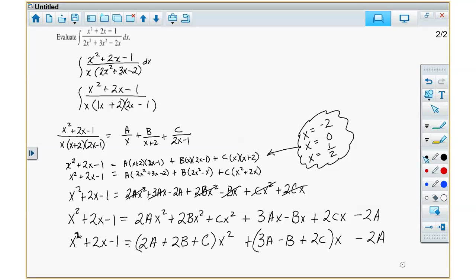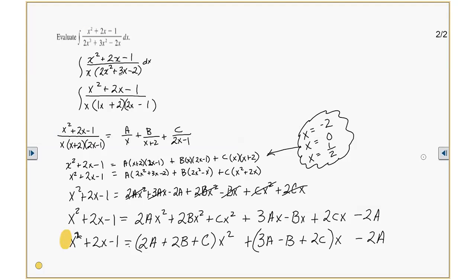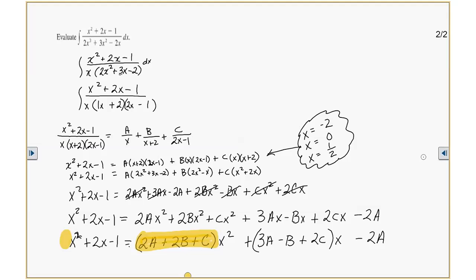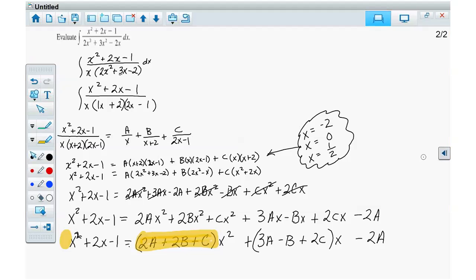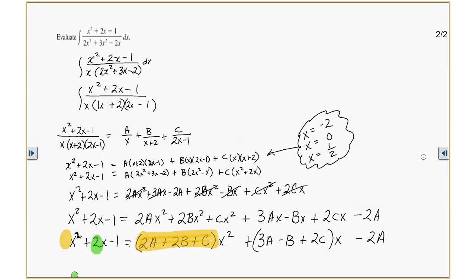Okay, so now I'm going to take my handy dandy highlighter and using the equivalent coefficients, that 1 right there is equal to that. This 2 right here is equal to that.